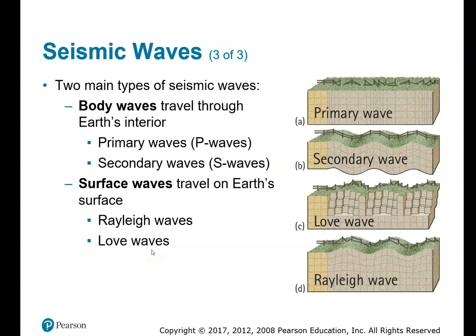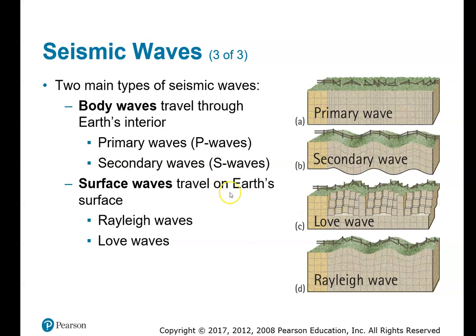Love waves are side-to-side waves, like if you had a rope on the ground and pulled it side to side. The wave created looks like a snake slithering on the ground, not up and down. The up and down are the Rayleigh waves, and the side to side are the Love waves. And those travel across the surface.